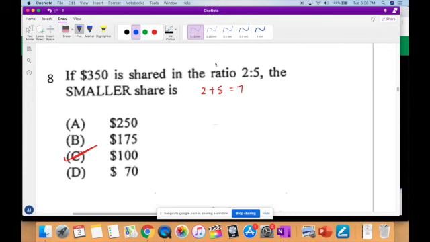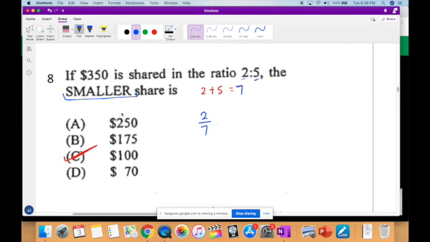So what we're saying is that we're sharing this money in a ratio of 2 parts to 5 parts. So that means that you have 7 parts total. Out of those 7 parts, I have 2 out of the 7 parts, and Ariel, you would have 5 out of the 7 parts. But we only care about what I have, because I have the smaller share.